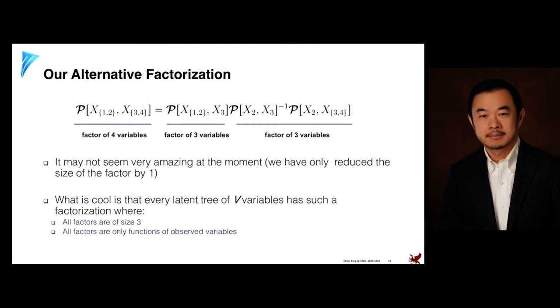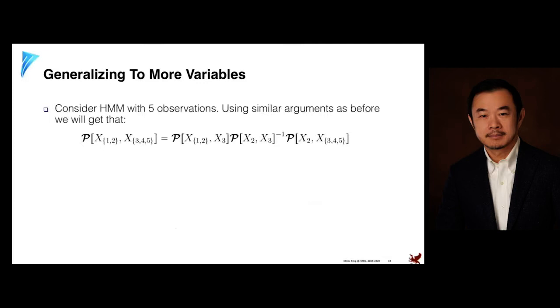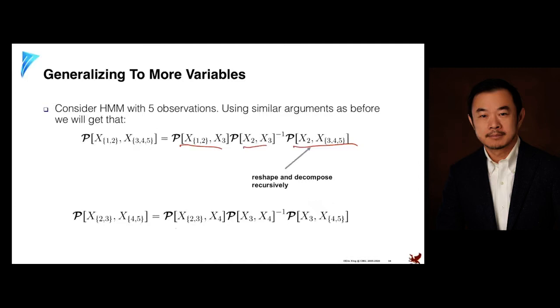But this trick can be applied recursively. For example, here we have a 5-variable sequence of observations. You can use the same observation factorization to divide them into a 3-variable matrix, a 2-variable matrix, and a 4-variable matrix. And obviously, this 4-variable matrix can undergo a subsequent factorization into 3, 2, and 3. Okay.